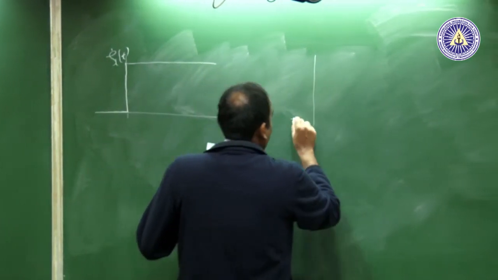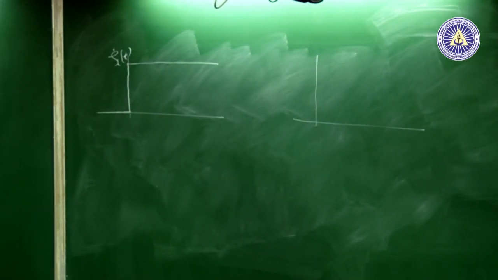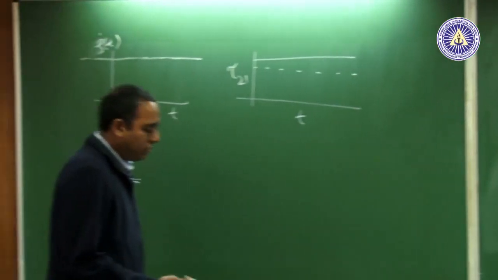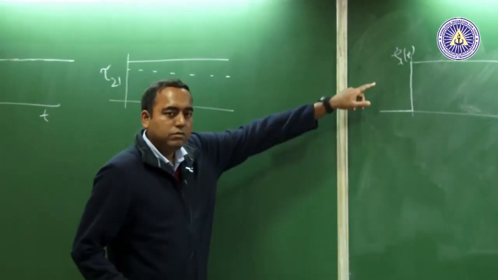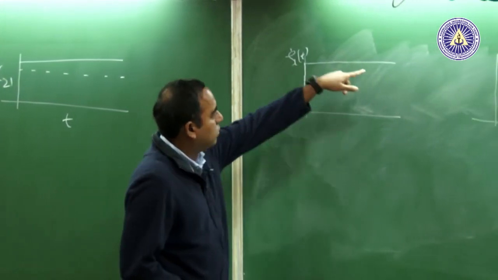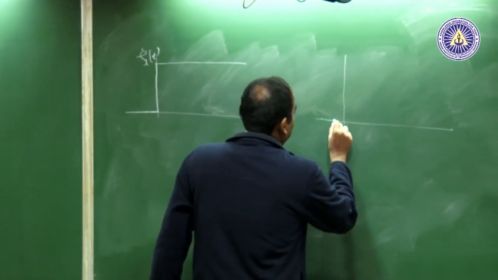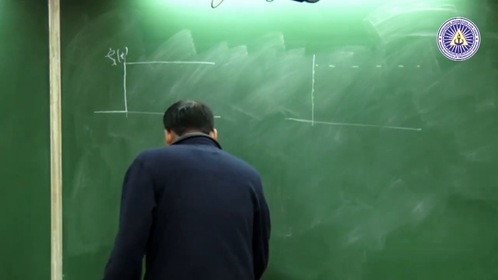For this kind of shear rate profile, I will draw the shear rate profile in a different color. What would it be for a Newtonian fluid? Well, the stress is proportional to the shear rate, which means it will just follow closely the shear rate profile that you give. So, for a Newtonian fluid, you just get this sort of a profile.